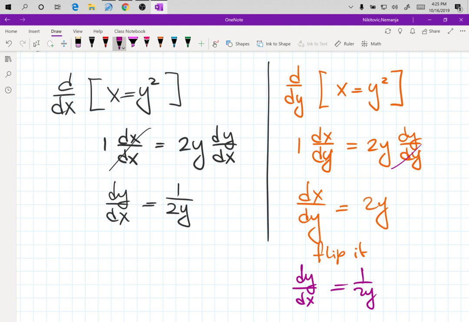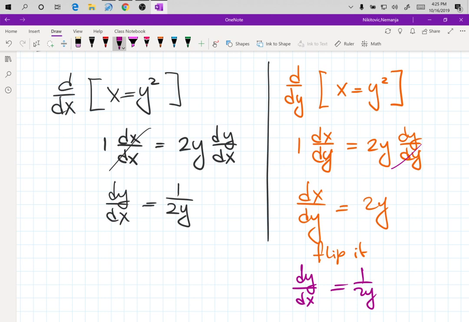Cool. You lost me there. So why would you flip it? It's a fraction. You can flip it. We got dy/dx, dy/dx. So if you take the derivative with respect to y, solve it, and then flip it, you get the same thing. It's cool. You can do it. All right.